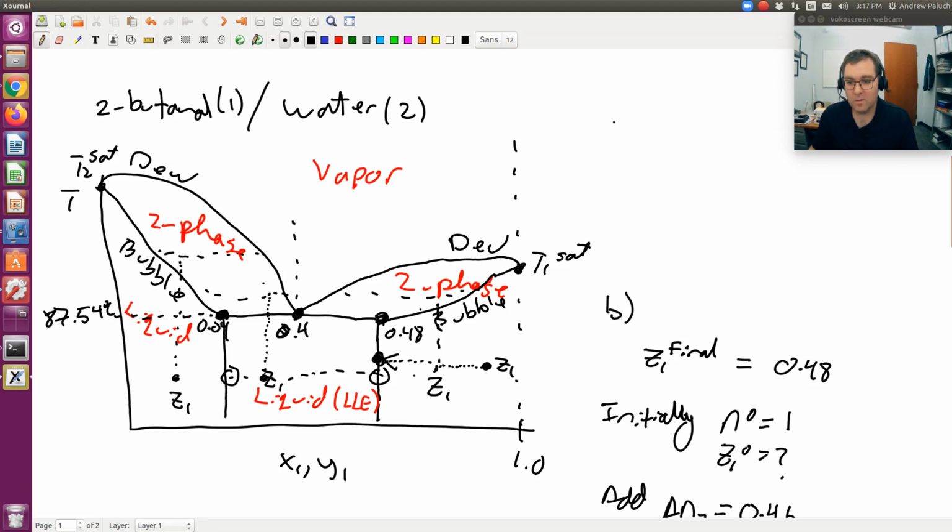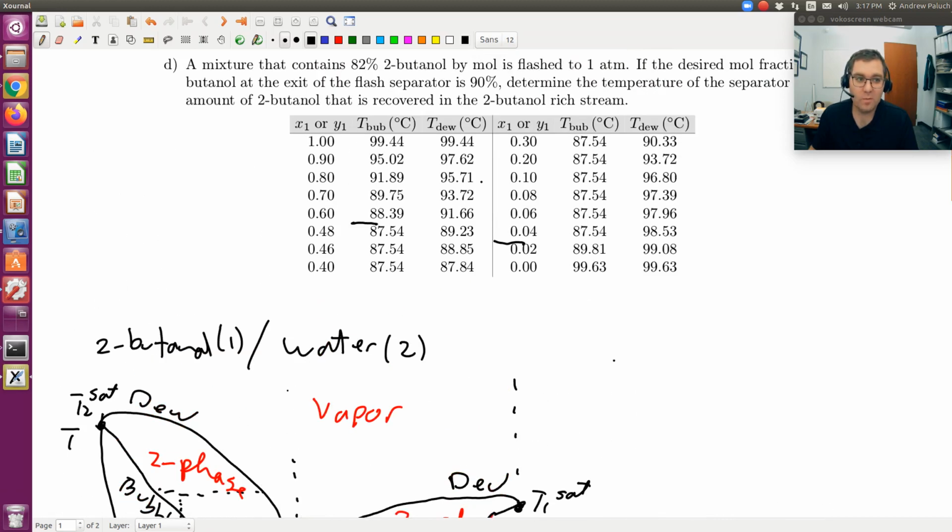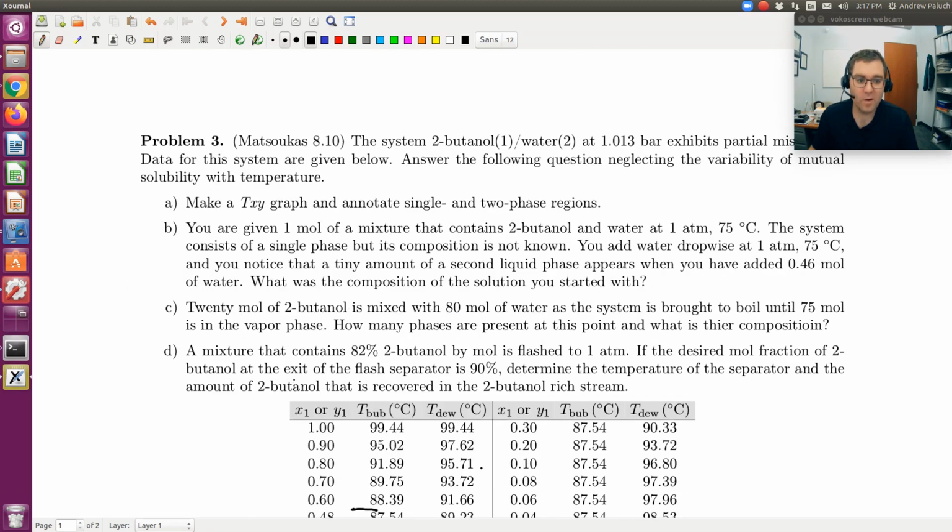Below 87.54, I'm definitely in this two-phase VLLE region where I get phase splitting. Then as I heat it up, I'm going to enter this two-phase region over here, where I have this liquid in equilibrium with that vapor. That's what's key here, knowing what lobe I'm in, which side of the phase diagram I'm in.